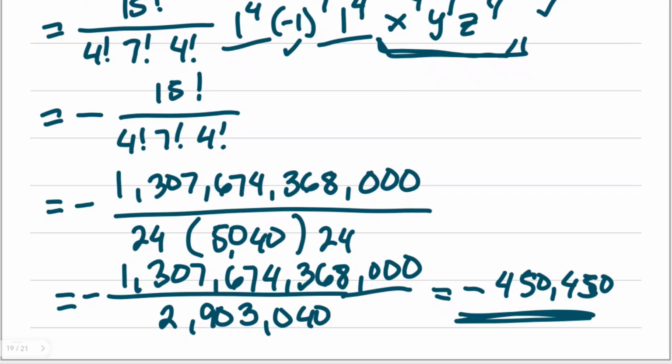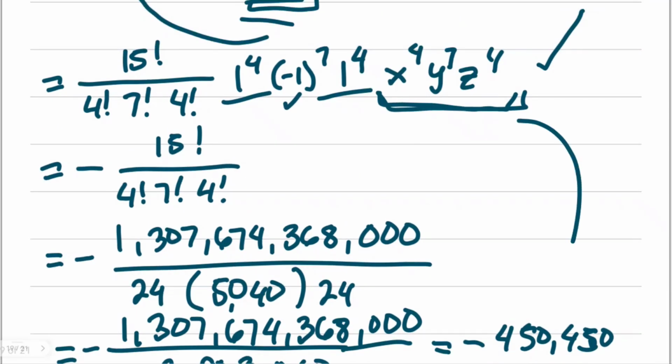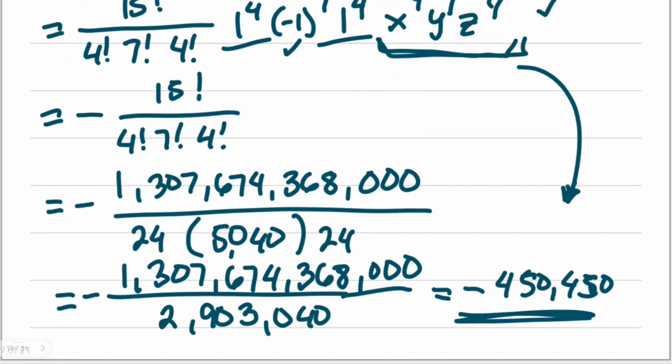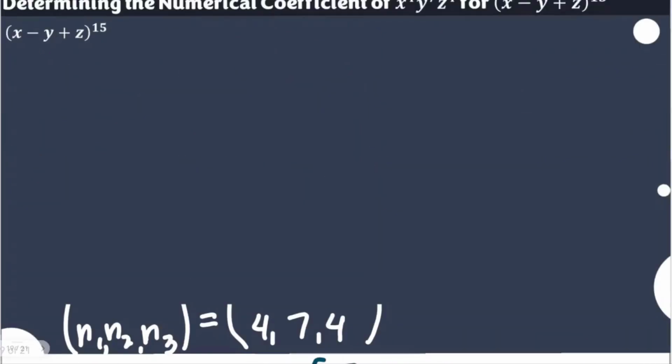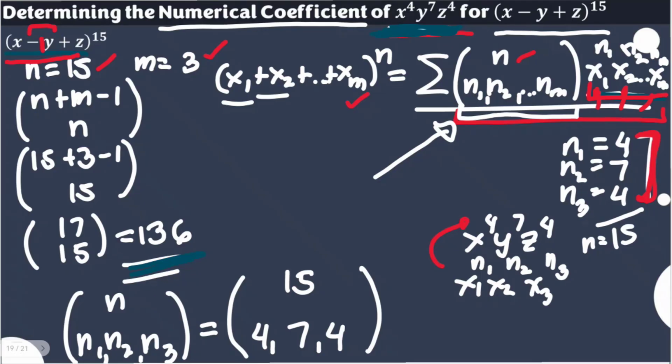This is the numerical coefficient of the literal coefficient x to the power 4, y to the power 7, and z to the power 4. We don't need this again because we're looking for the numerical coefficient, but I'm writing it here as a basis of the flow of our process. So the difference of this from the previous video is the existence of the negative sign, and the difference in the next few videos is where we are going to integrate other numerical coefficients for our trinomial or even multinomial if we have soon.